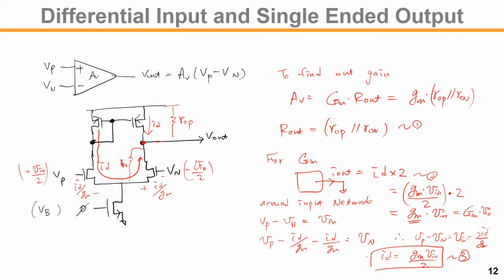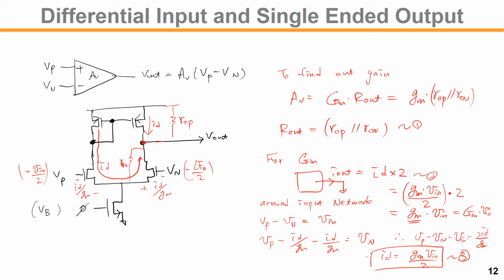So because of the 2x larger current, we get this equation, right? So is there something wrong here? Okay, right?